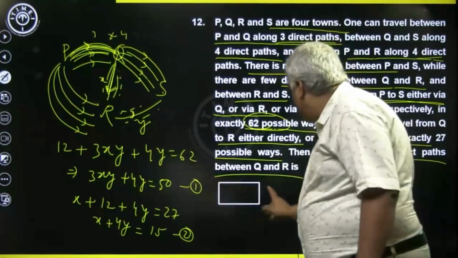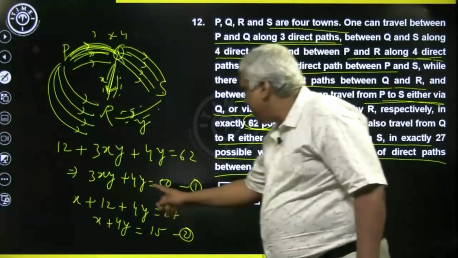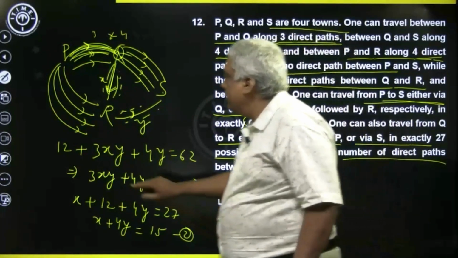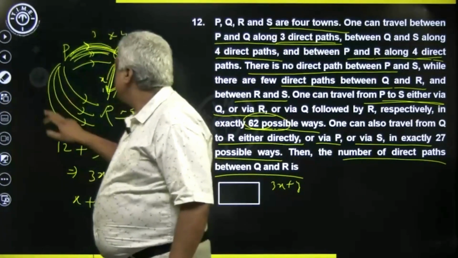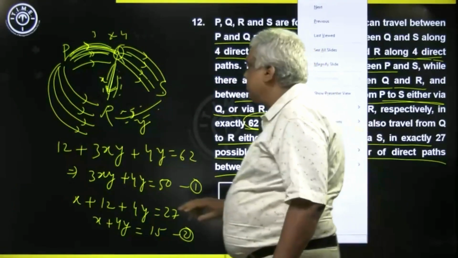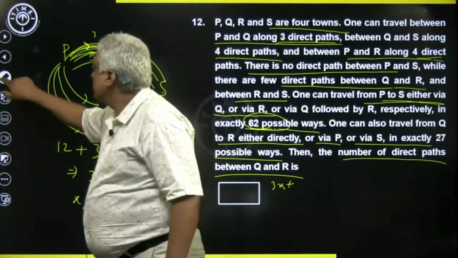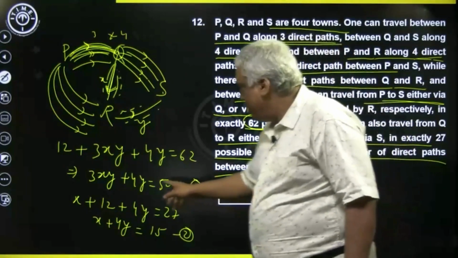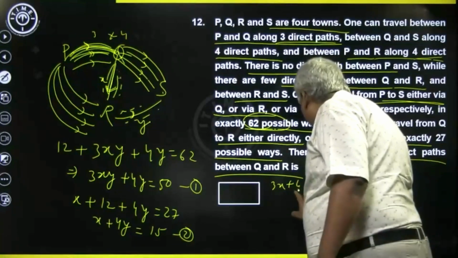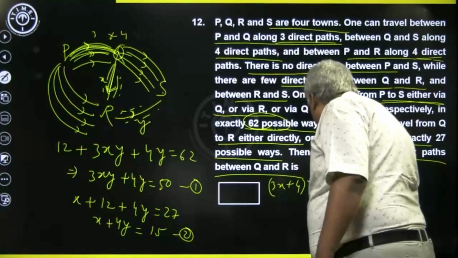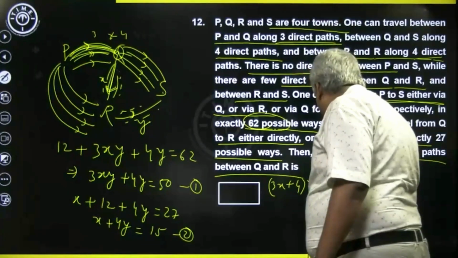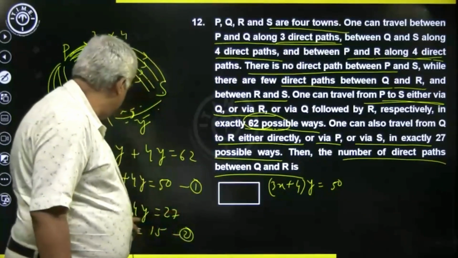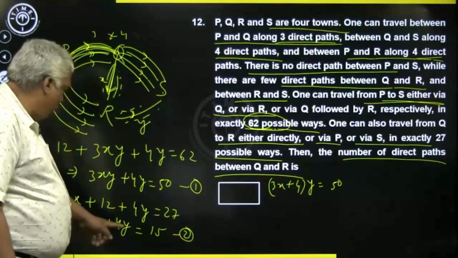If I take y common, 3x plus 4, times y is equal to 50, right. And x plus 4y is 15, so 4y is 15 minus x.